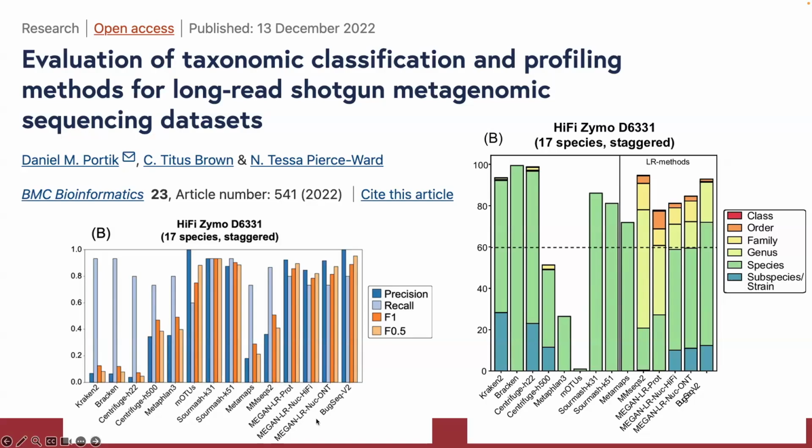MEGAN is a tool I don't talk about, might get mentioned in function, but MEGAN's a tool that's been around for a long time. It's just another approach, and they have some specific long read taxonomic annotation methods, which they highlight here for particular sequencing approaches. So, yeah. Right, what's the difference between precision and recall?